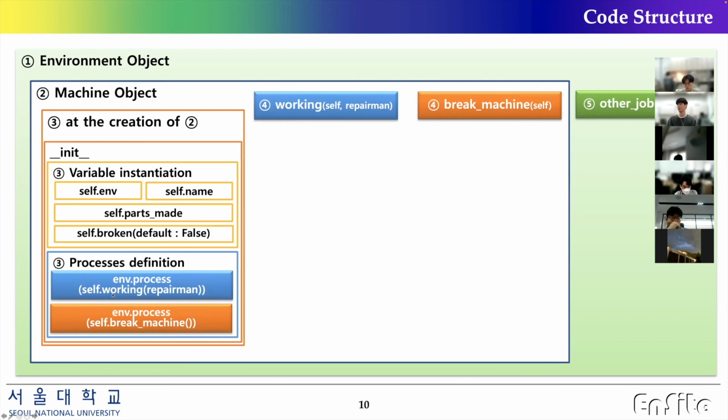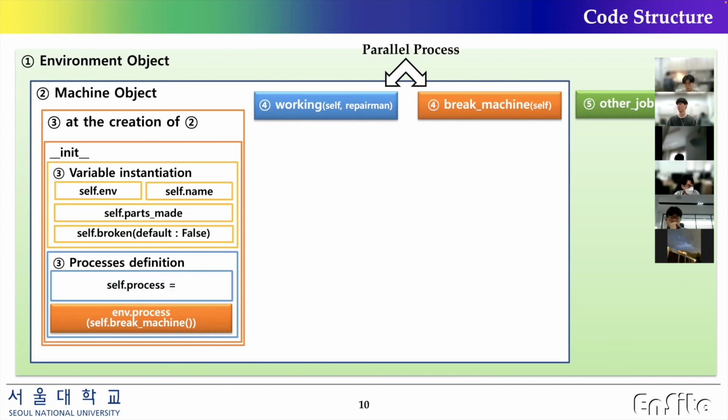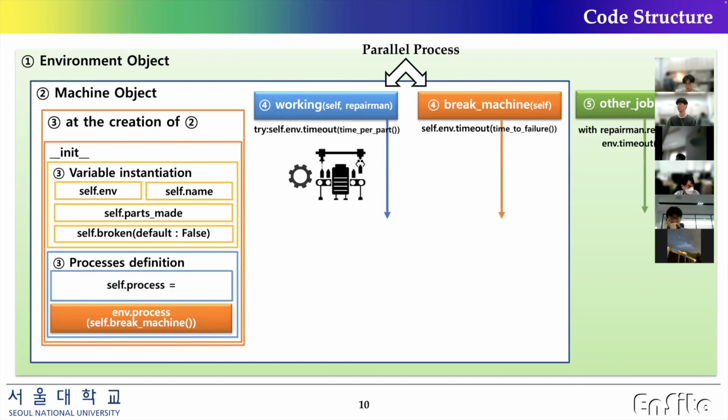And in the process definition, there is the trigger, which makes a model of the working with the repairman assignment. Also, the working process and break machine process are started simultaneously, and that is a parallel process. So the working process is started, and the break machine also started.